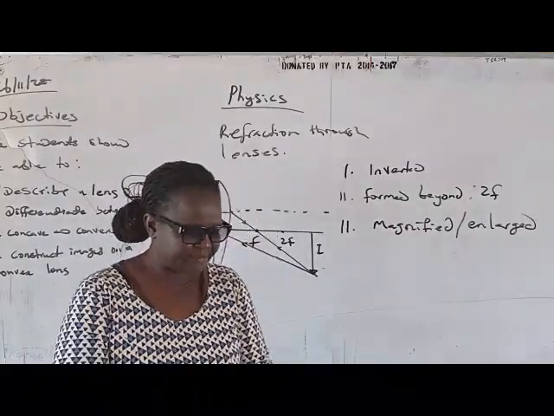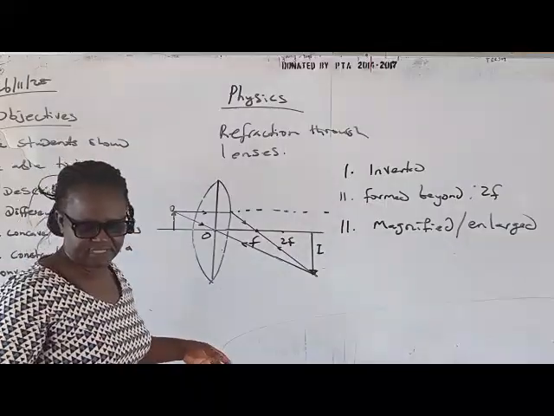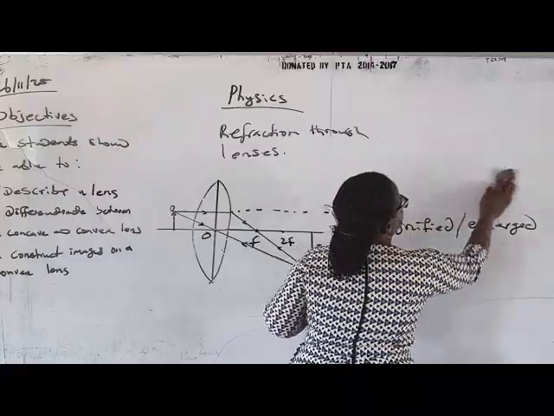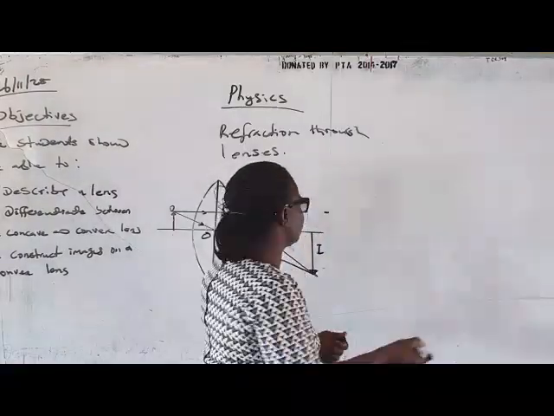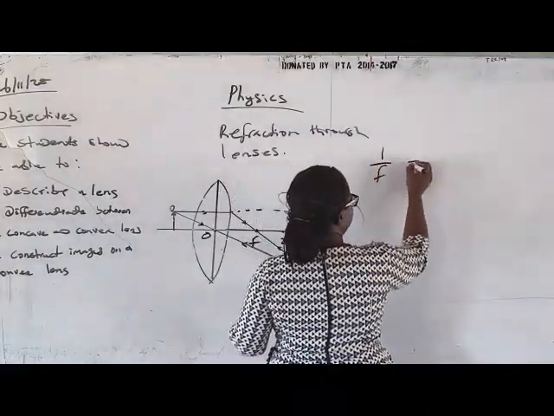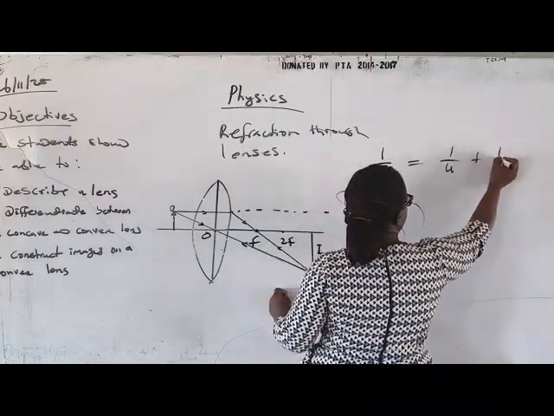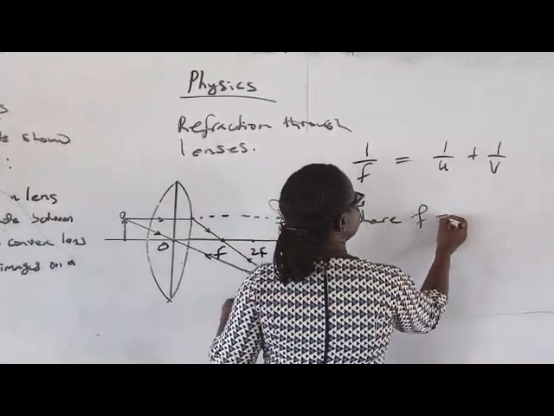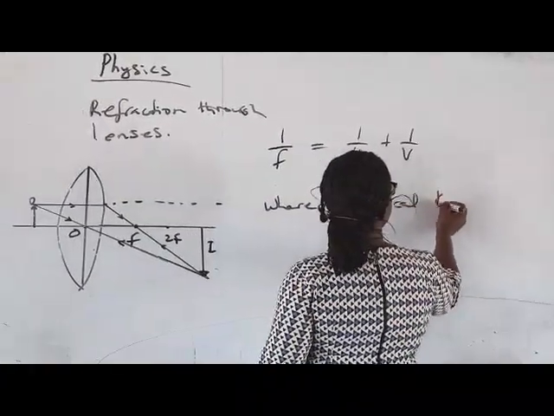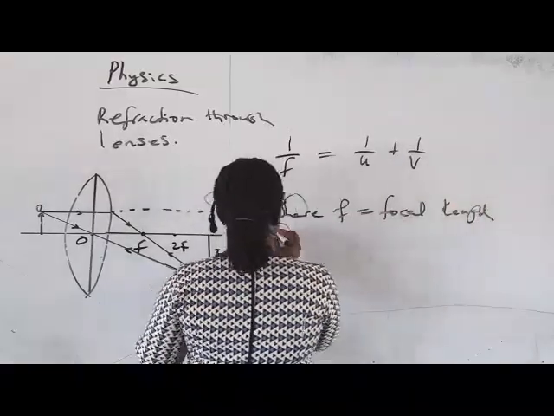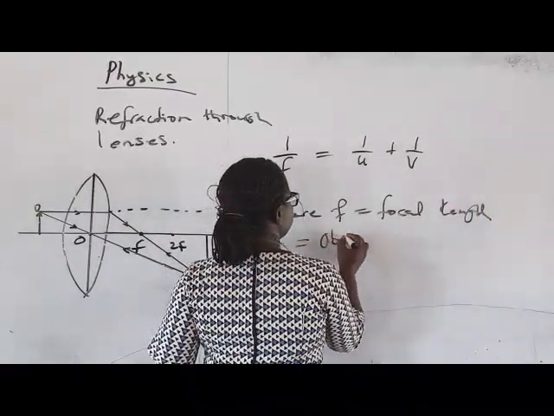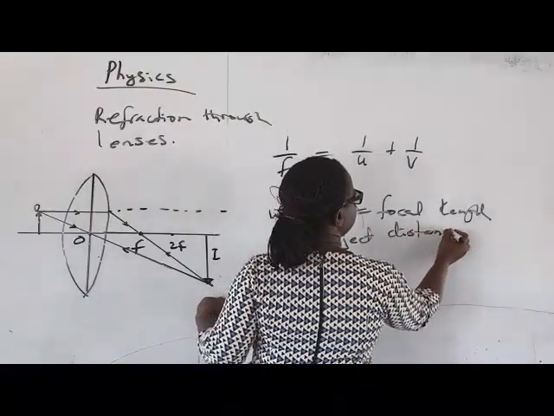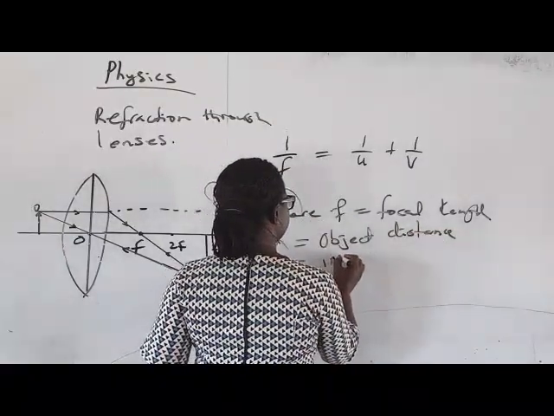We are looking at the lens formula. The lens formula is the same as what we had for the mirror formula, because the lens is an optical instrument. We have 1/F = 1/U + 1/V, where F, of course, is the focal length of the lens, U is the object distance, V is the image distance.